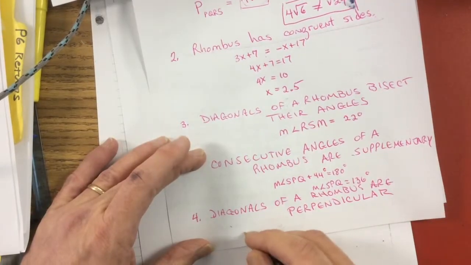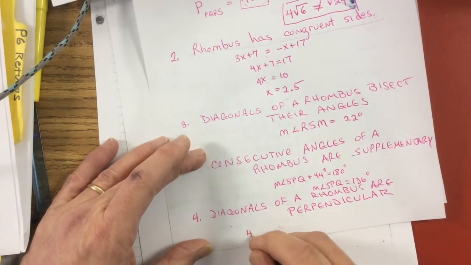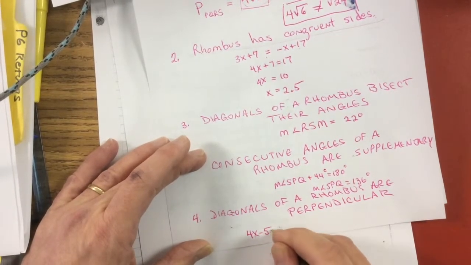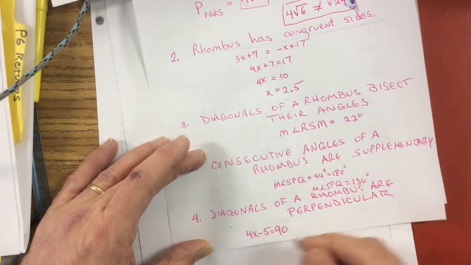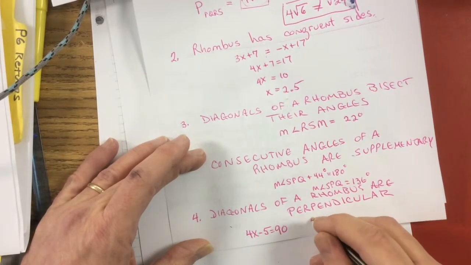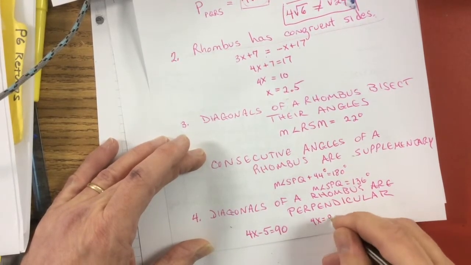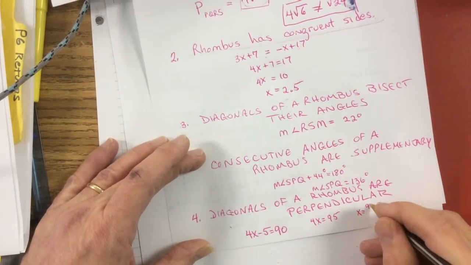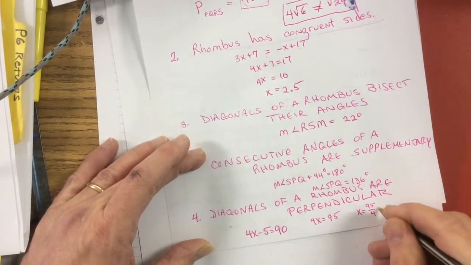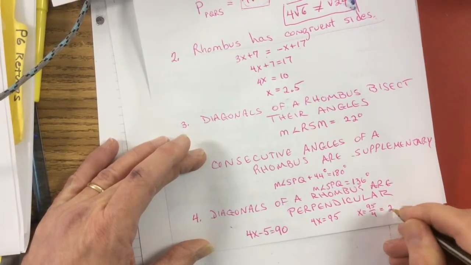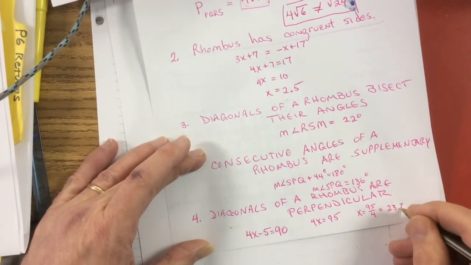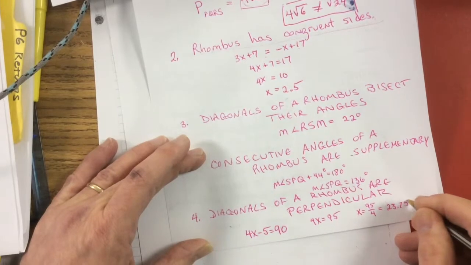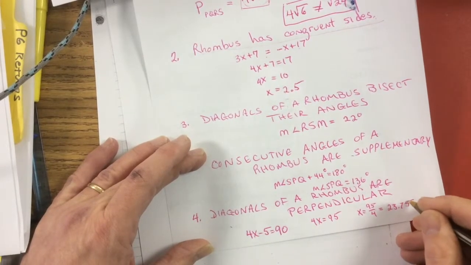And that means that in this particular case, 4x minus 5 has to equal 90, which means 4x is equal to 95, which means x is equal to 95 over 4, which is 23.75 degrees.